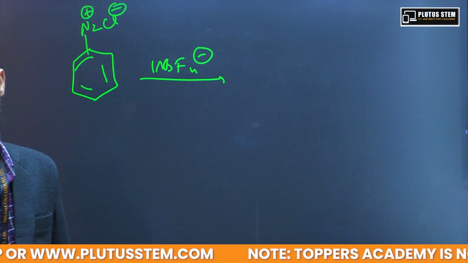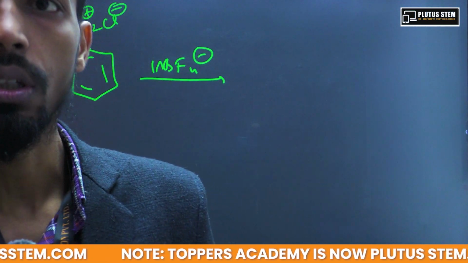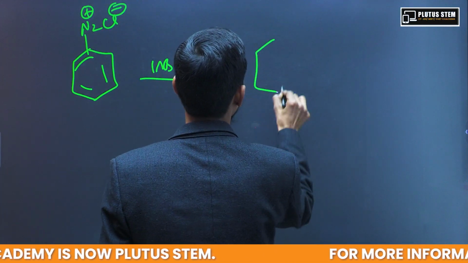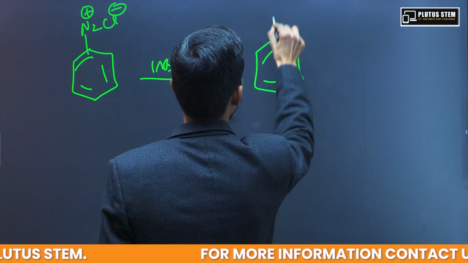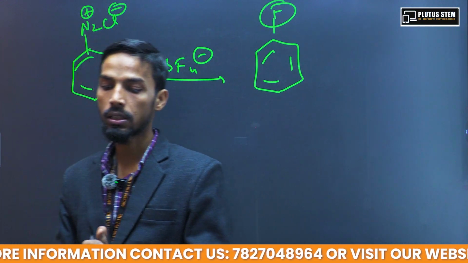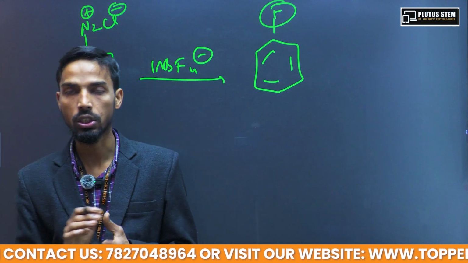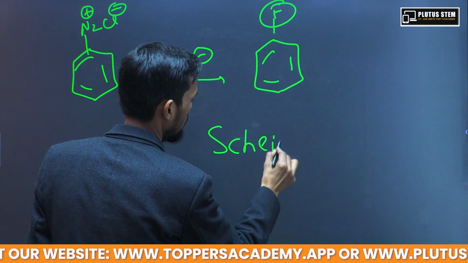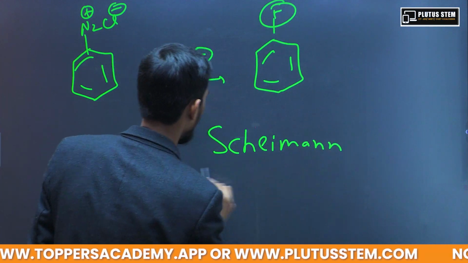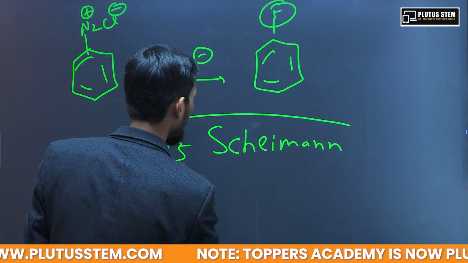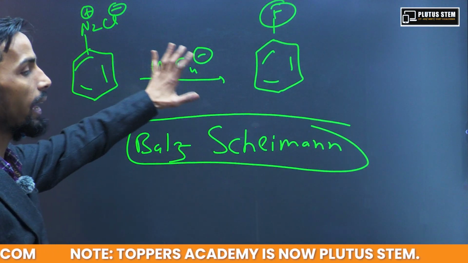When we use the reagent HBF4, we will see that this gives us an aryl fluoride. So this is also a name reaction, and the name is the Balz-Schiemann reaction, to prepare this aryl fluoride.